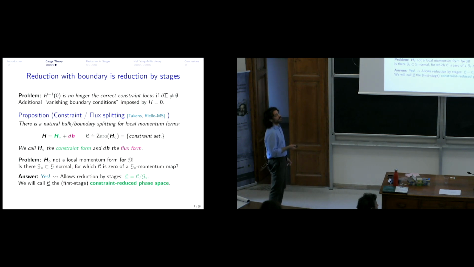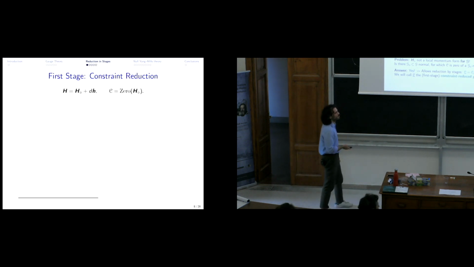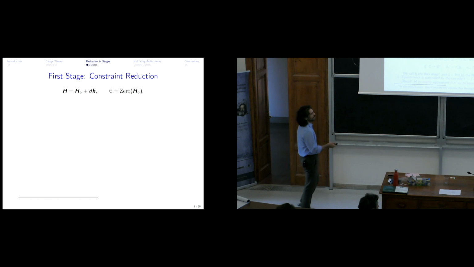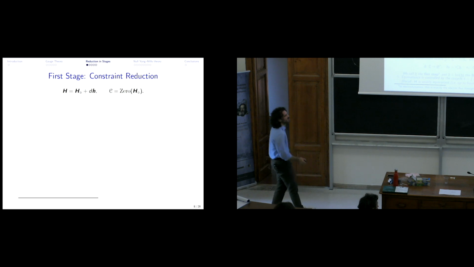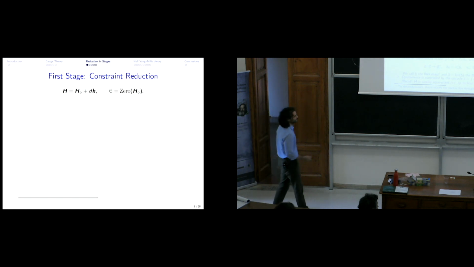This is what we call first stage, because now the fact that we have a normal subgroup of the original gauge group by which we are quotienting tells us that, well, reduction is done in stages. So recall, we have a locally Hamiltonian G space with a momentum form for the G action that splits into these two pieces. And now we know that the physically relevant locus is just the zero of this bulk part.